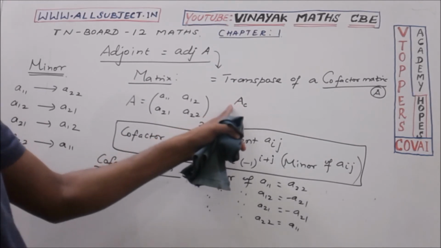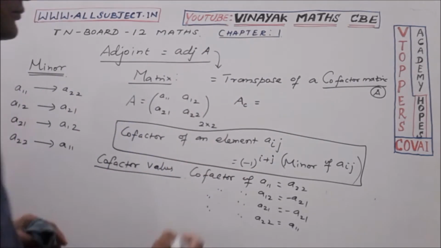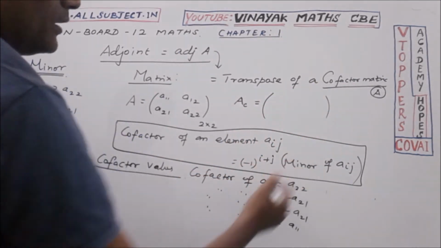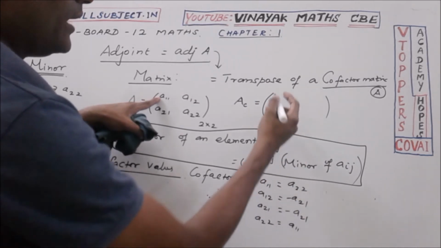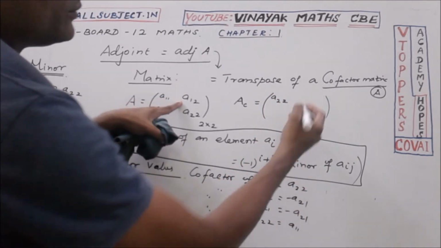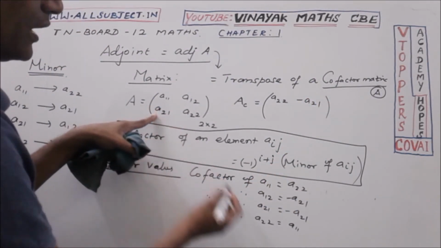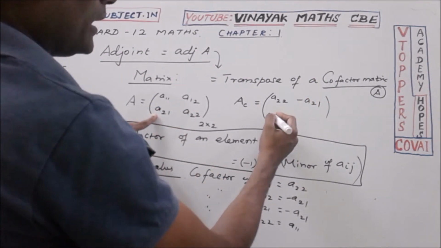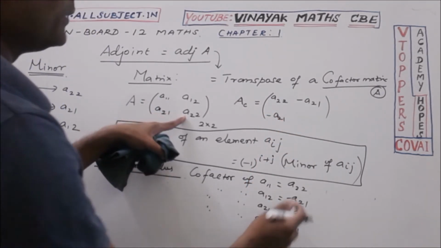A C means the cofactor matrix of A, which is equal to: arrange the elements in proper order. A11's cofactor is A22. A12's cofactor is minus A21. And then A21's cofactor is minus A12. And then A22's cofactor is A11.